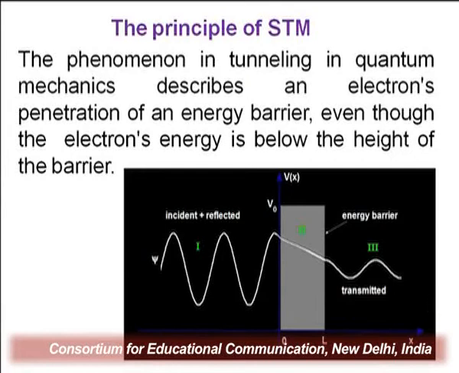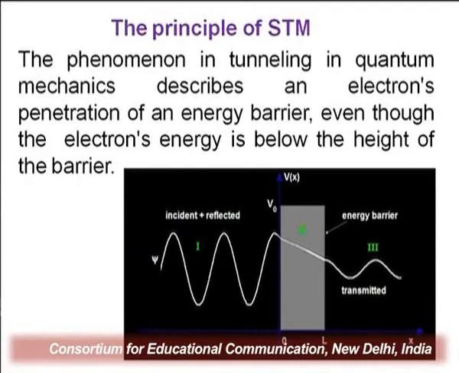The phenomenon of tunneling in quantum mechanics describes electrons penetrating an energy barrier. Here we see the energy barrier, represented in between, having length 0 to L and potential V naught.